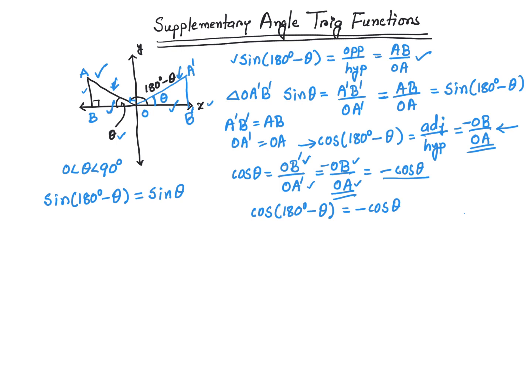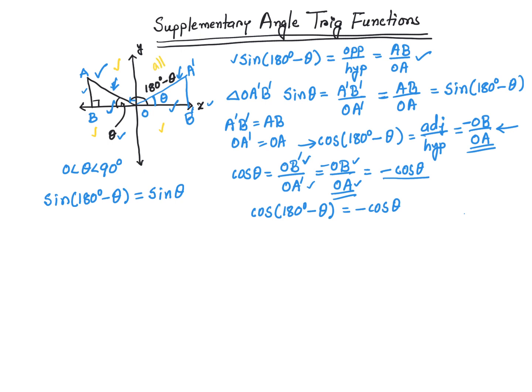Now, you could derive all of this using the signs. You know that in the first quadrant everything is positive. In the second quadrant, sine and its reciprocal cosecant are positive. In the third quadrant, tangent and cotangent are positive. And in the fourth quadrant, cosine and secant are positive.